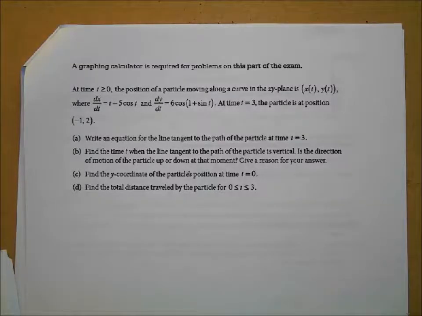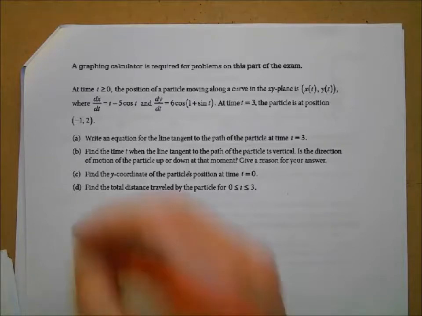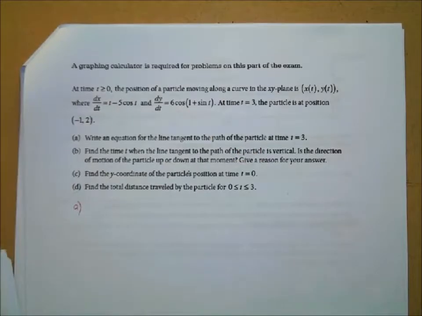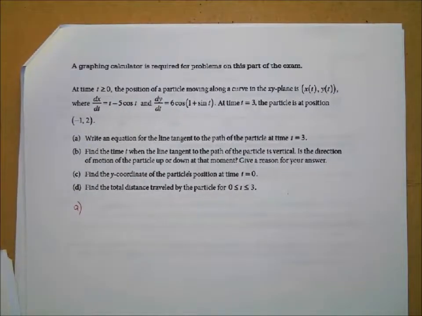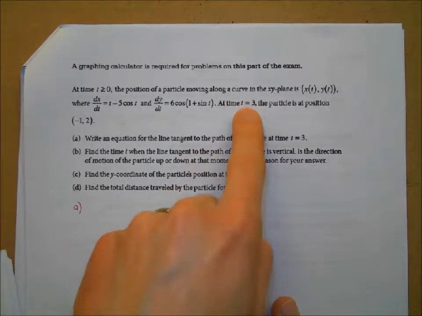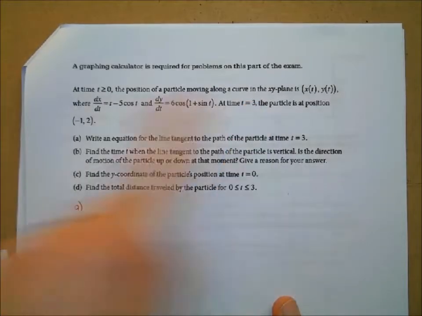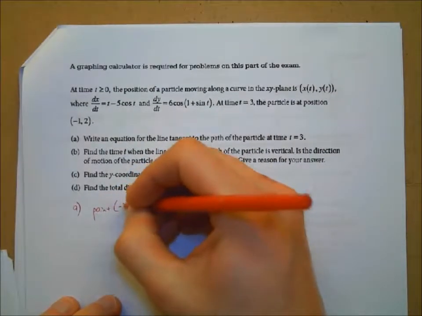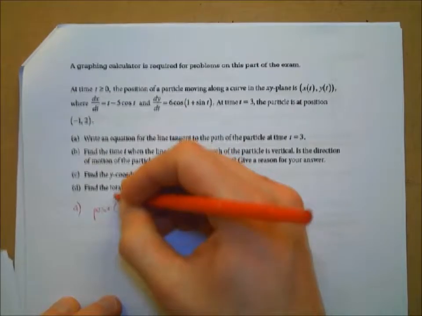Do we have any of those pieces of information, slope or a point? We do have a point. What is the point at time t equals 3? (-1, 2), exactly right. We don't need to integrate here to get our original x and y functions. We already know that at time t equals 3, we have that point. So we have the point (-1, 2), and that's just given to us there.